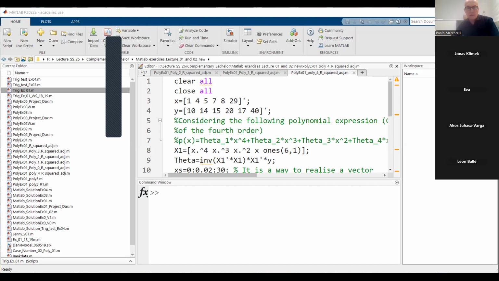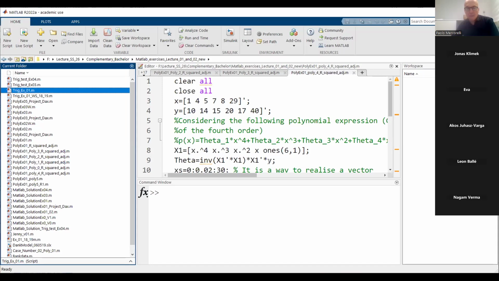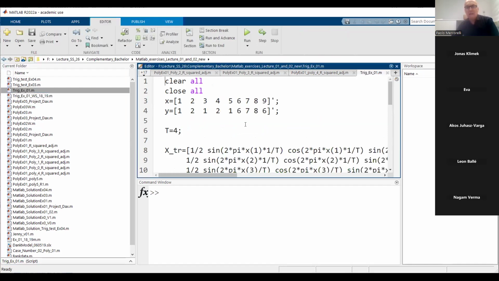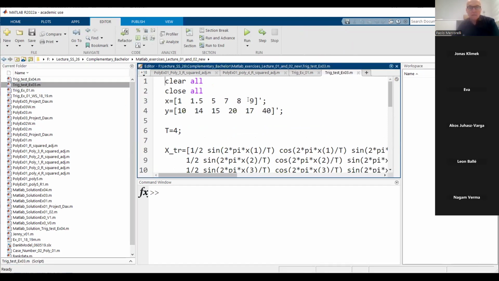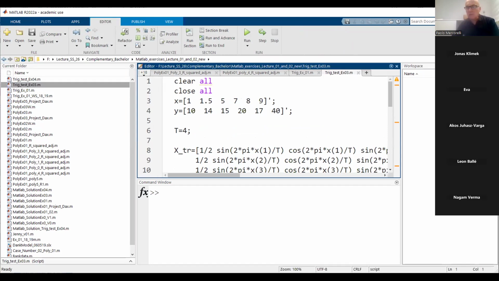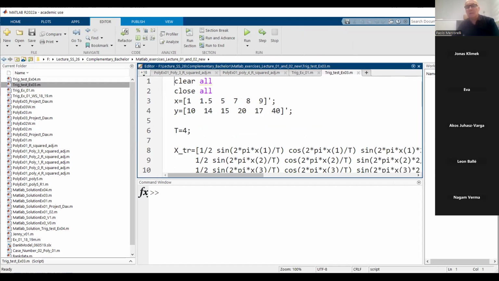MATLAB. Probably it's not this, but we can work also. I think I click, but it's not open. Huh? Okay. Well, let me see. This one. Let me one of them. Let me start with this.